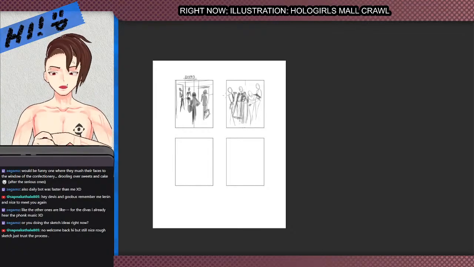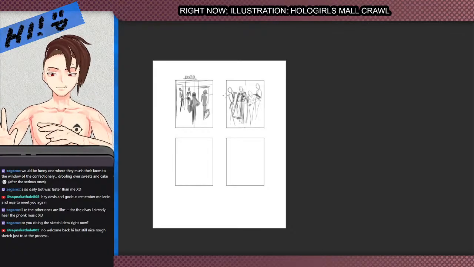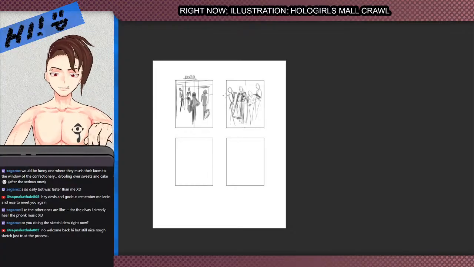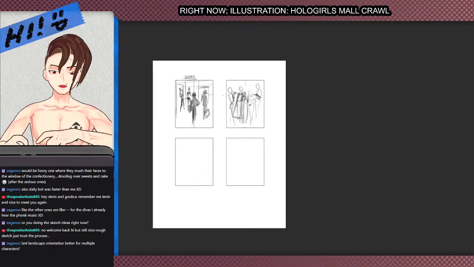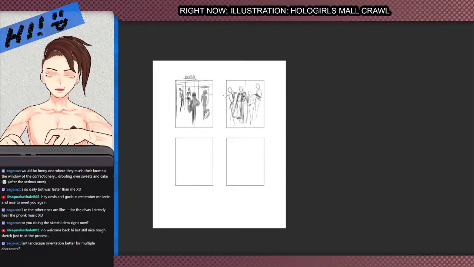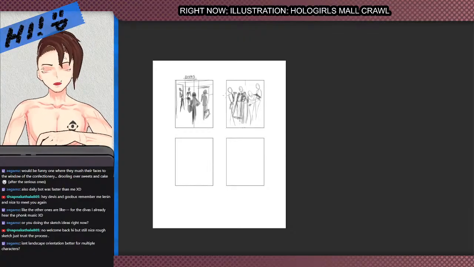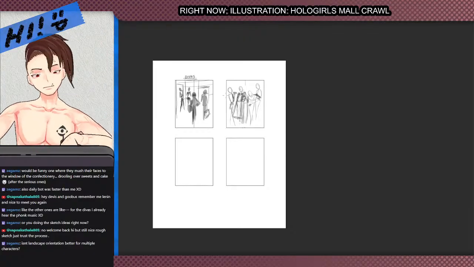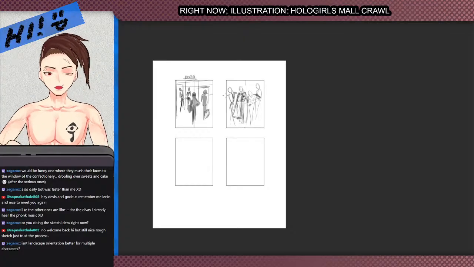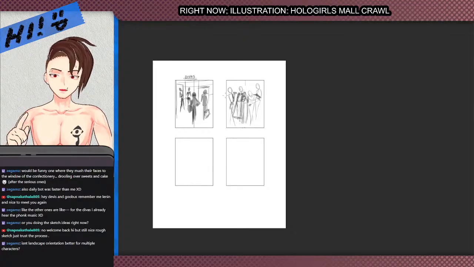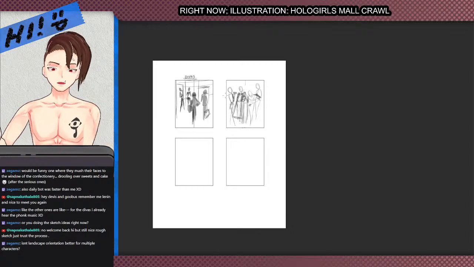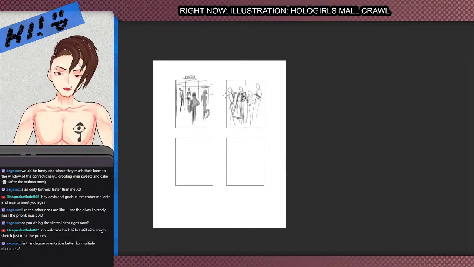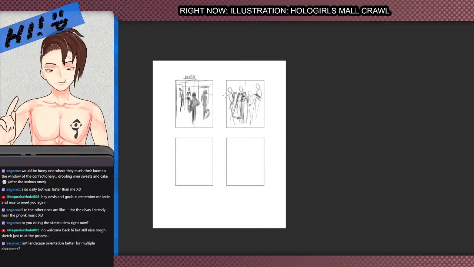So for example, okay, we have first two main characters. Isn't landscape orientation better for multiple characters? It is, but it doesn't have to. That's actually true. Most likely, I would use the landscape orientation for multiple characters because that would be better.